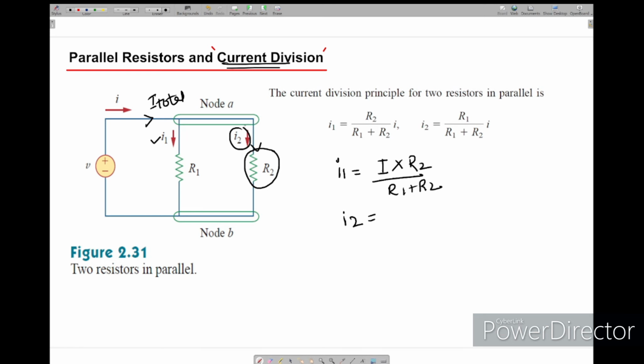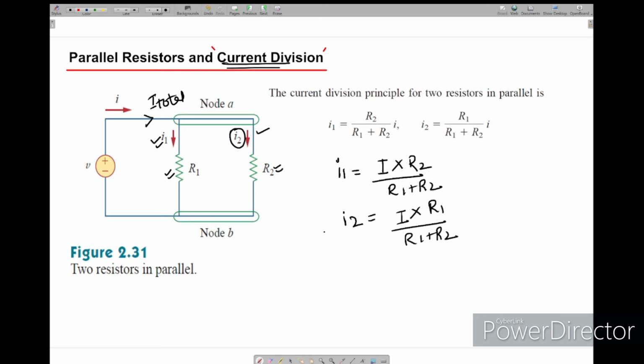How can we write I2? Again, total current times, as I mentioned, R1, again the opposite one. If you want to find I2, you first write this one. If you want to find I1, you have to write this value. So I times R1 divided by R1 plus R2. This is how we write the current division, meaning the currents in the parallel network.